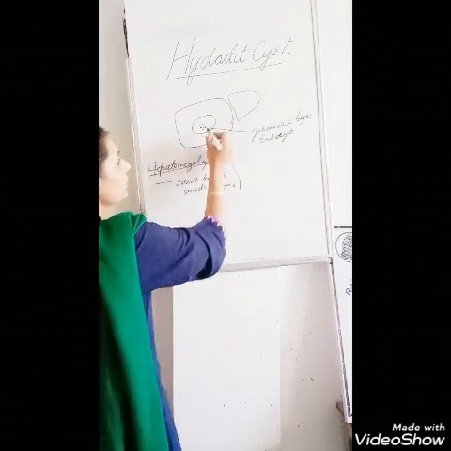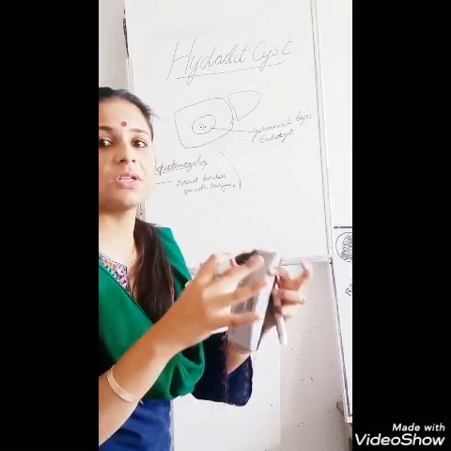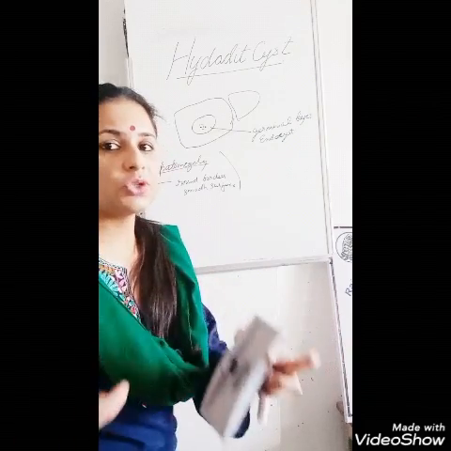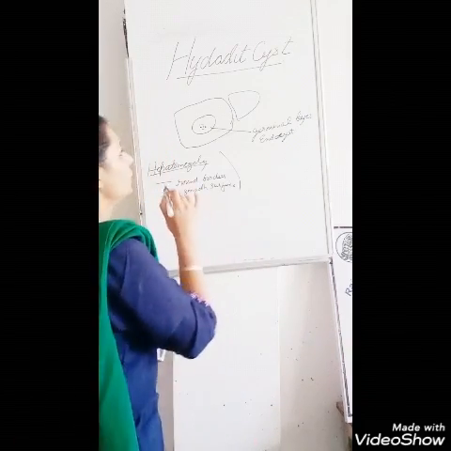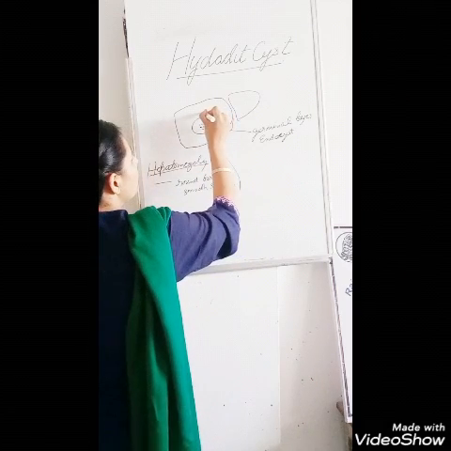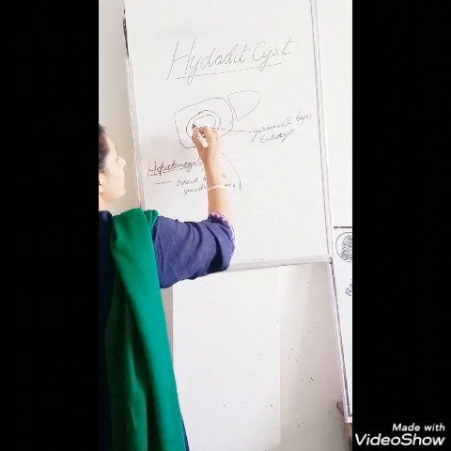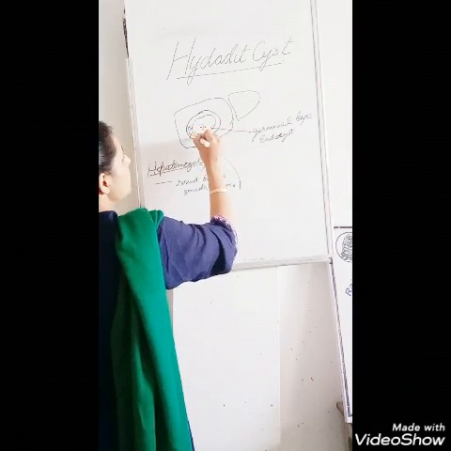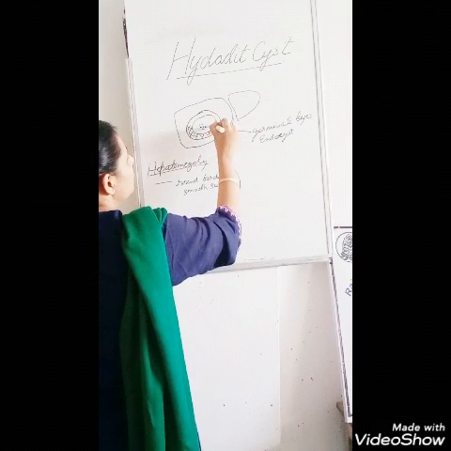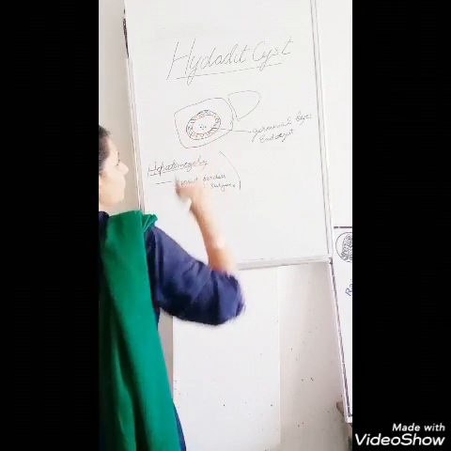Now what will happen? In reaction to that compression, the liver will produce a layer. So a layer is formed outside, a thick fibrous layer.